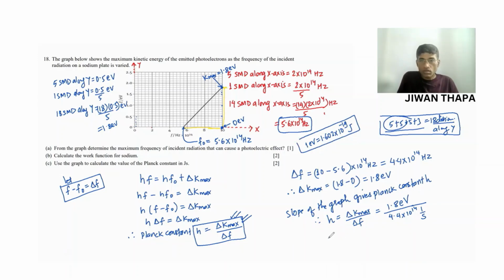So let's convert this also. h equals 1.8 into 1.602 into 10 to the power minus 19 joule, and the second will move up, so we have joule second, divided by 4.4 into 10 to the power 14. So let's find it.